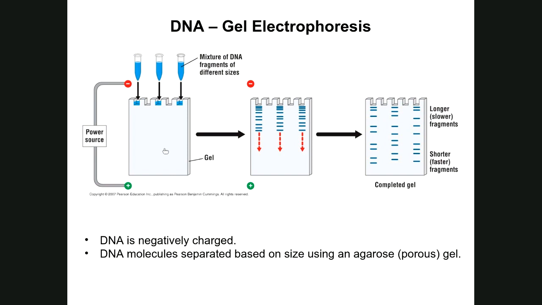And what they found is that by taking advantage of the negative charge of DNA, the polysaccharide agarose that can create a porous gel, and just electricity, these 3 components can be put together and allow you to separate DNA based on size. Separate longer or larger fragments from shorter or smaller DNA fragments.